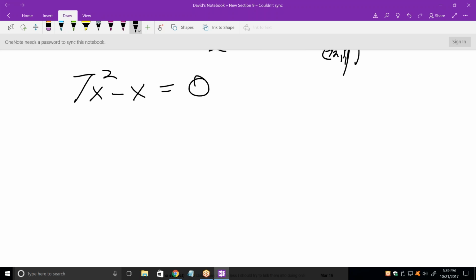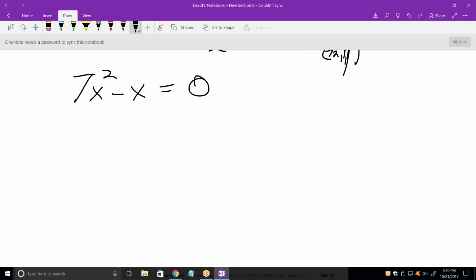There are 3 techniques for factoring, and you always want to look at them in priority. The very first one you want to look for is greatest common factor. Can you do that here? In other words, this is not a standard quadratic, notice. There is no C term.